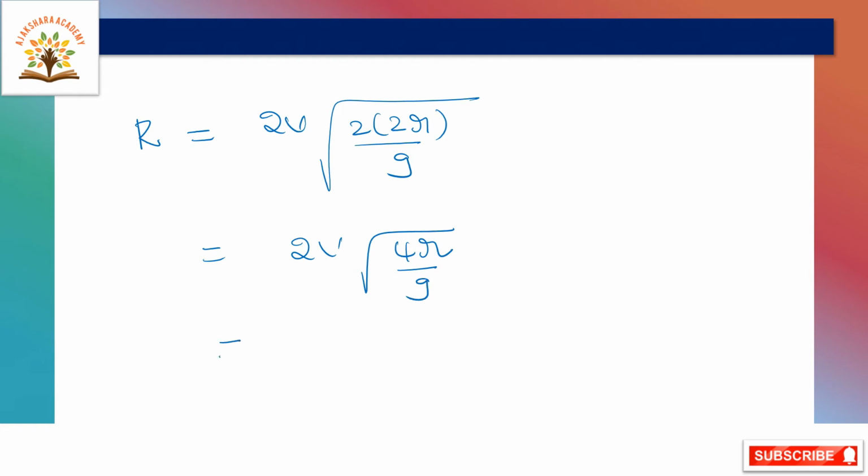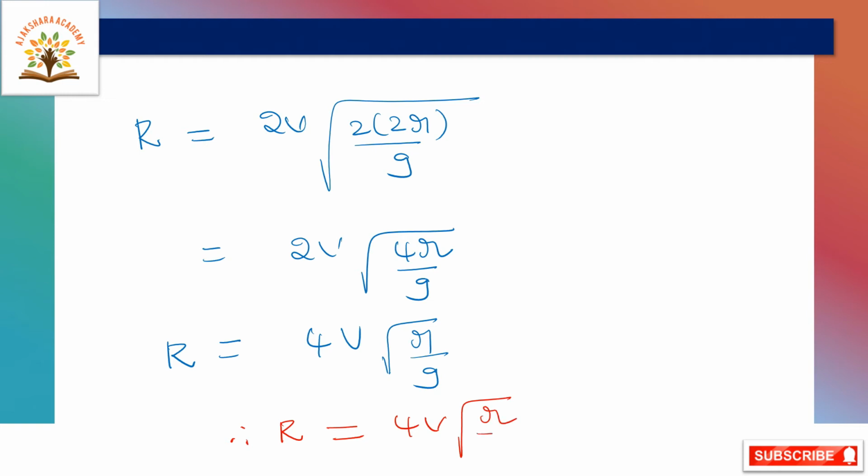Taking the square root, we get 4v root of r by g. So this is the expression for the distance AB, the range of the horizontal projectile. Therefore the distance AB is equal to 4v times the square root of r by g. Okay, next we will go to the next question.